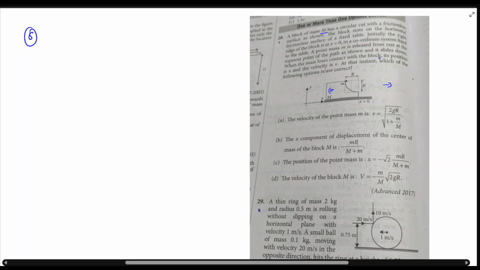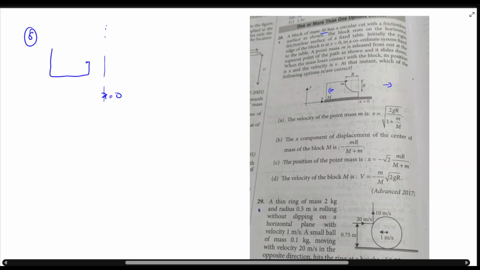It's saying it slides down, and when the mass loses contact with the block, its position is x. Look, this is the initial situation, and now the final. Let's say this is our x equals 0.